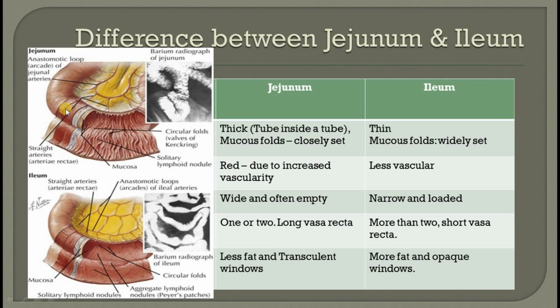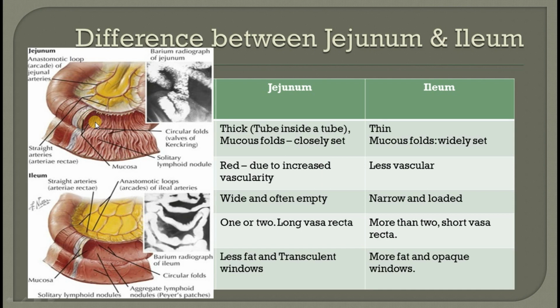Next, if you look at the tube appearance itself, the jejunum is somewhat red because of rich vascular supply. The ileum is comparatively pale because the vascularity is a little bit low. Then the lumen is actually wide and empty, large.